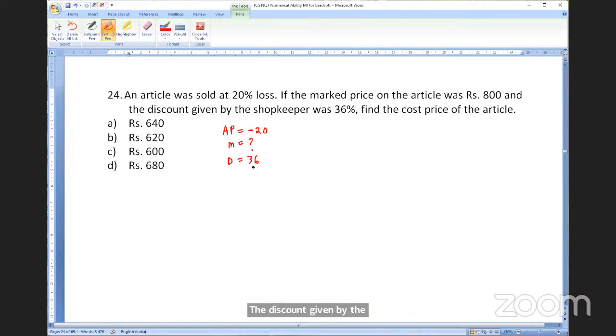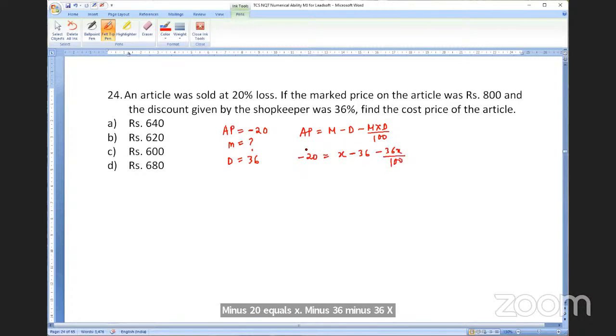D is 36. Now, from the net change rule, we know actual profit is M minus D minus M into D by 100. This will help us get how much is the marked up percentage on cost price. So minus 20 equals X minus 36 minus 36X by 100.